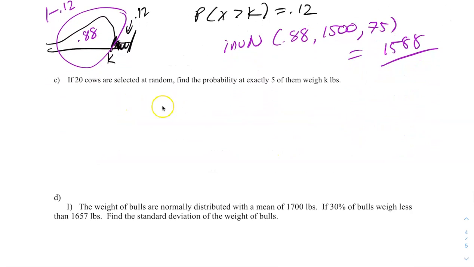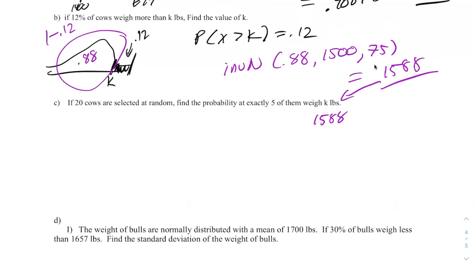If 20 cows are selected at random, find the probability that exactly 5 of them weigh more than K pounds. So again, I just figured out what K was, 1588. Exactly 5 out of 20 cows selected is a binomial problem. Binomial PDF this time because it said exactly.